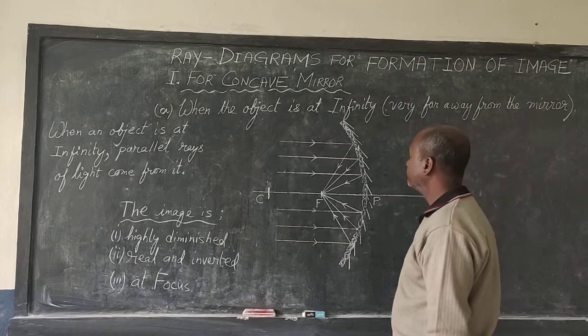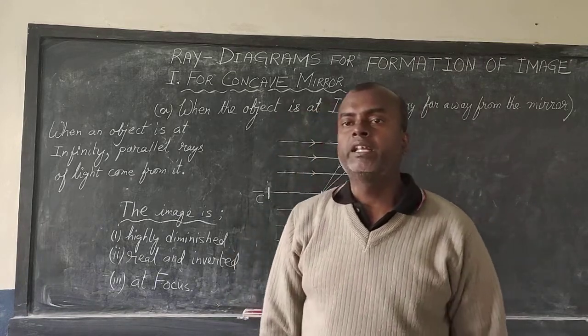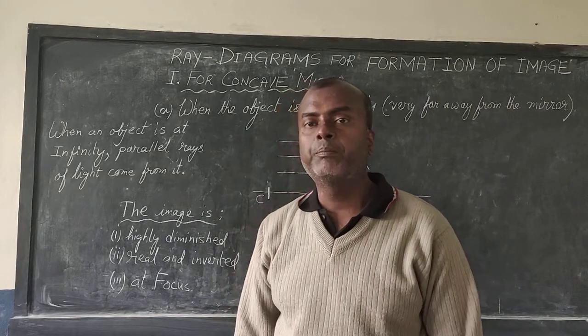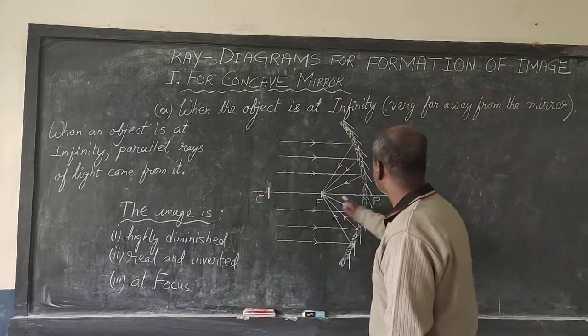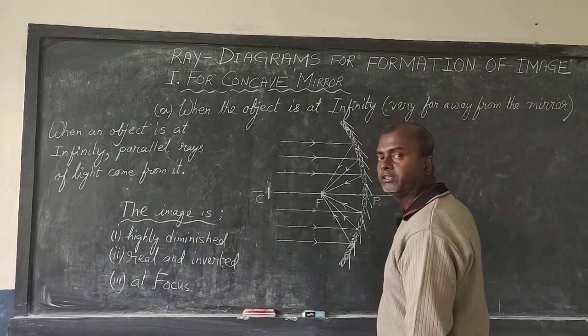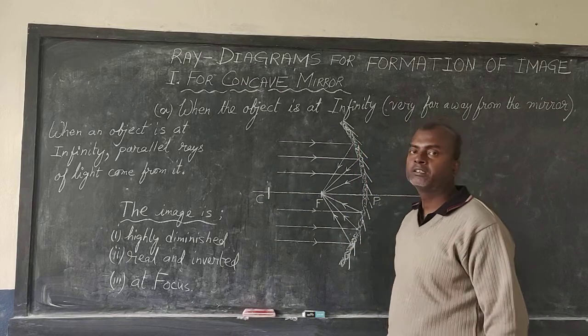So here, these 6 rays are the incident rays coming from the object, which is very far away from the concave mirror. Now, yesterday we learned that when a ray is incident parallel to the principal axis, see all these rays, are they not parallel to the principal axis? This is the principal axis. These also are parallel to the principal axis.